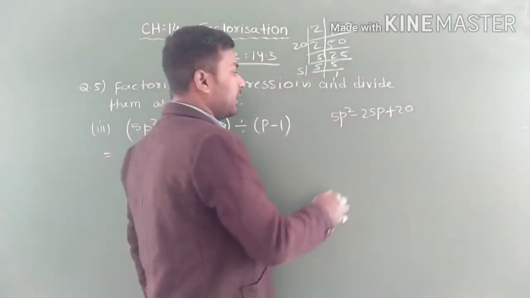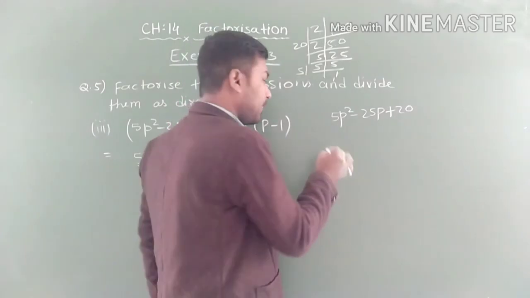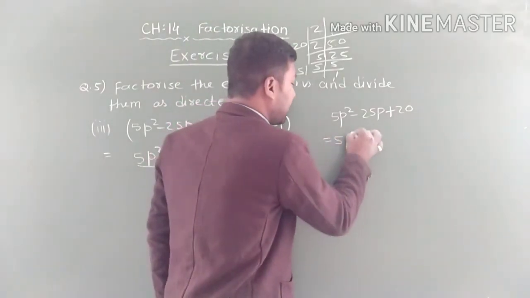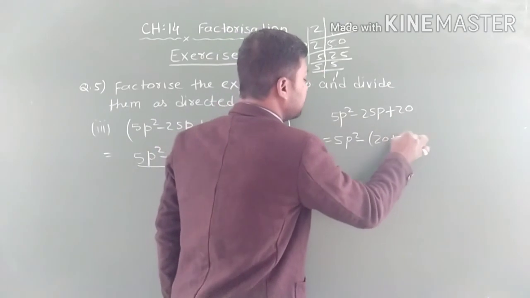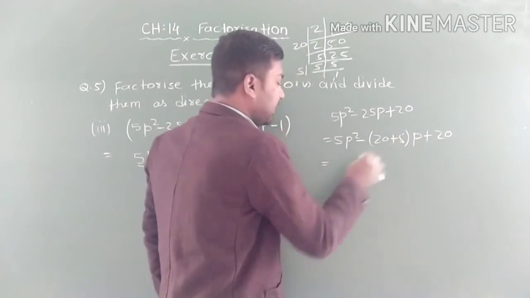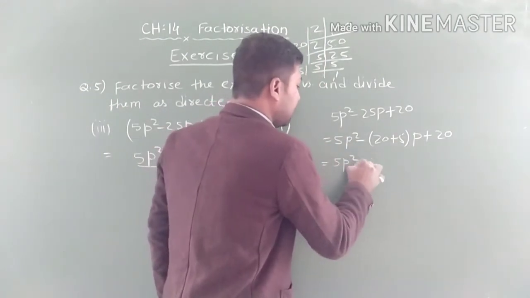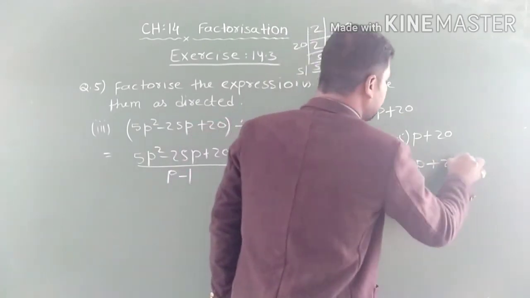So at the place of 25, we can write 20 plus 5. So this will be 5p square minus 25p, so it will be 20 plus 5, p plus 20. Now just open the bracket, so it will be 5p square minus 20p minus 5p plus 20.